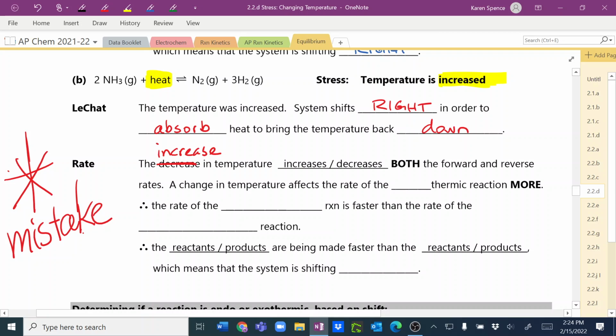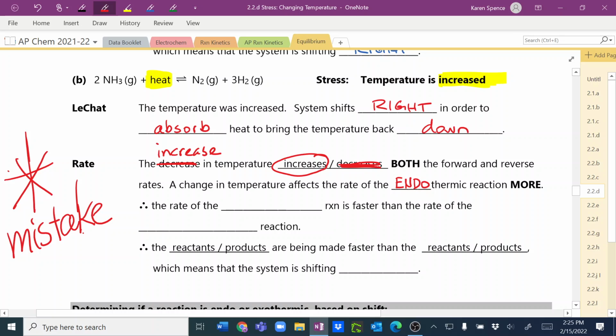Okay. All right, so the increase in temperature does what to both rates? Increases both rates. And a change in temperature affects the endothermic reaction more.